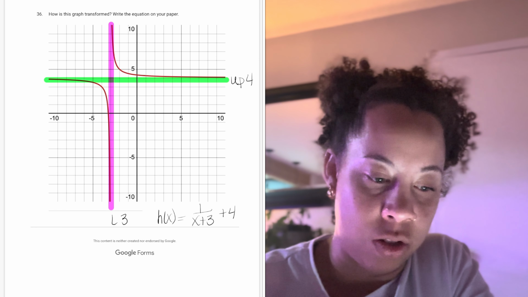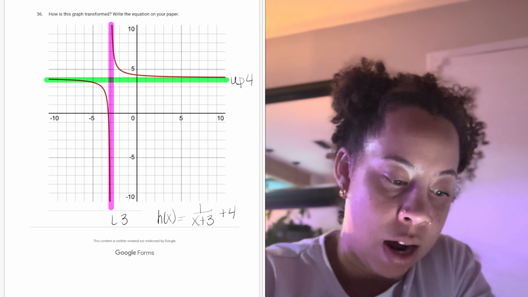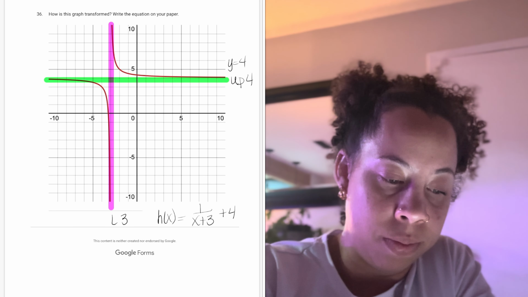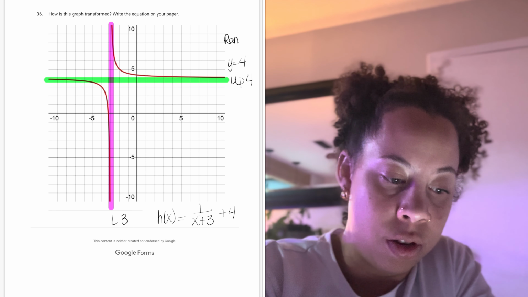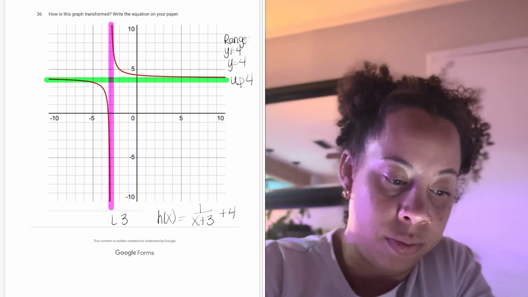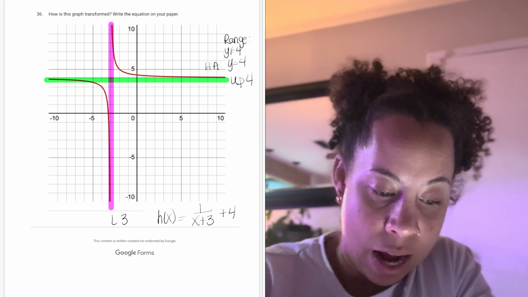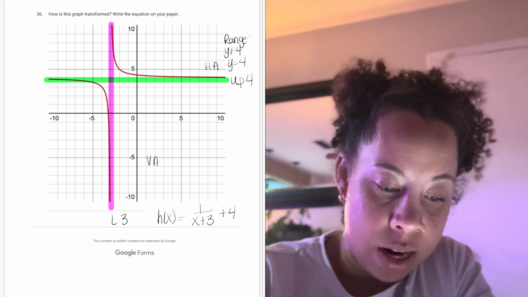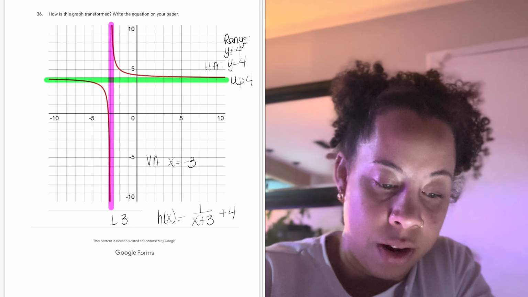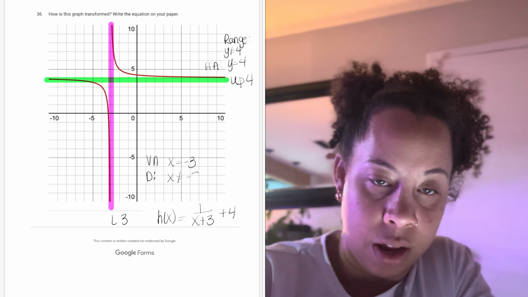Let's find the domain and range of this one just to be sure. So because we have an asymptote at y equals 4, our range is y does not equal 4. Because we have a vertical asymptote at x equals -3, we know our domain is x does not equal -3.